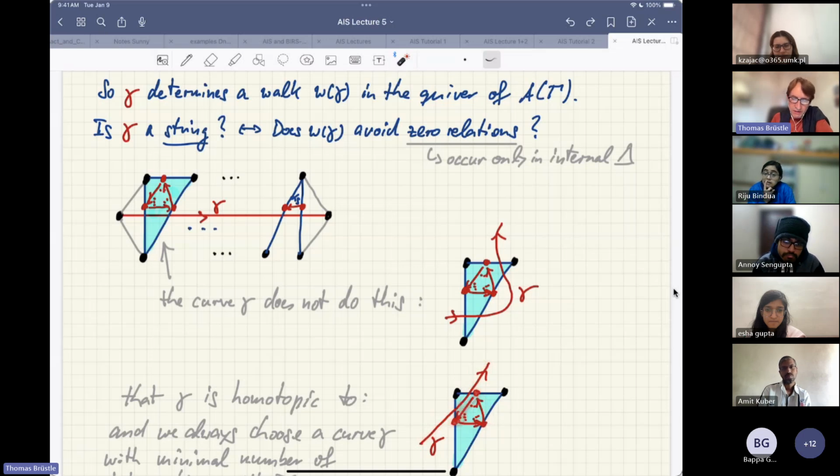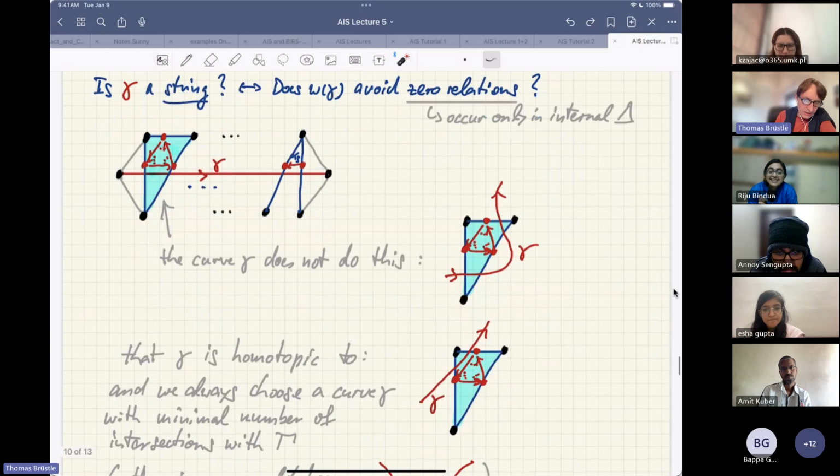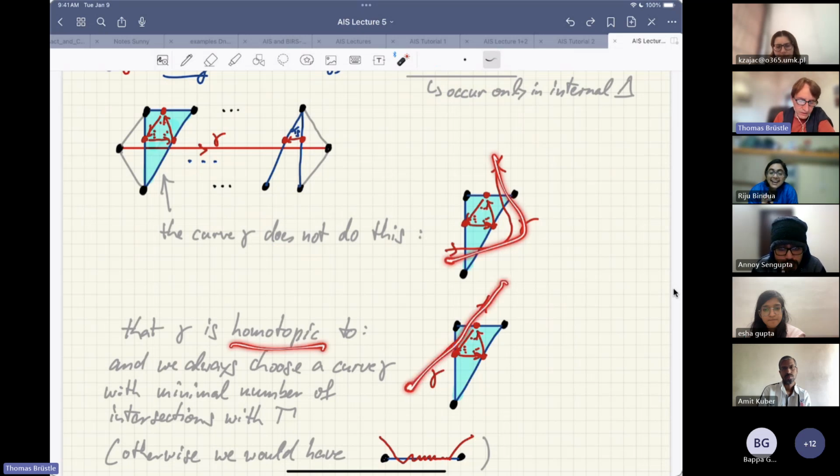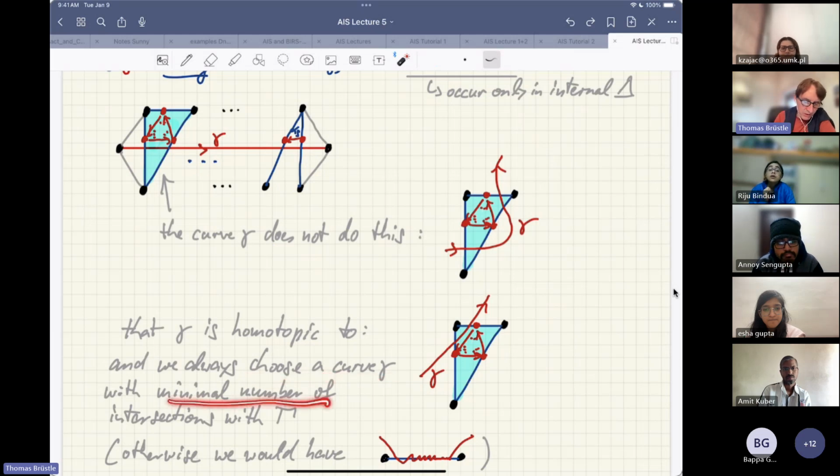We consider arcs up to homotopy, and this arc is homotopic to that arc. The arc that we had here is homotopic to this arc that goes right through here, and we always choose a representative of our curve which has a minimal number of intersections with our triangulation.